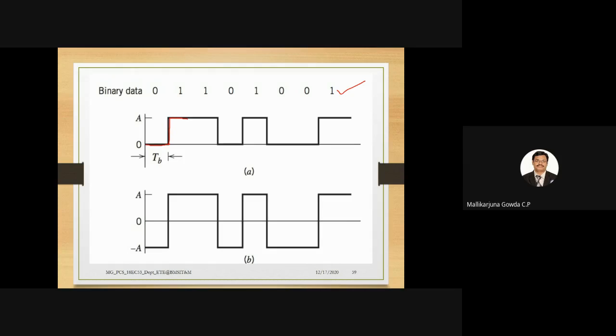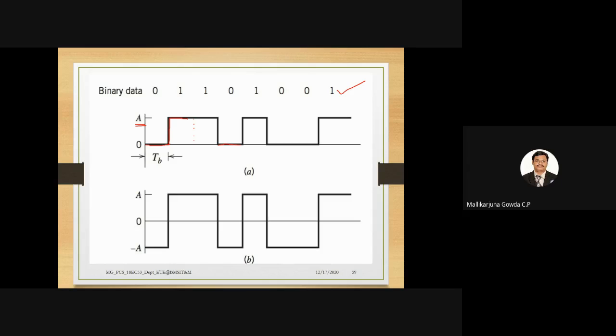Here I have 2 ones continuously. If I consider this is my bit duration, T suffix B indicates bit duration, right? So here 2 ones I have, so I am representing 1 by a pulse having a magnitude of plus A volts. Next 0 is there, so there is no pulse, so I represent with the 0 level only.